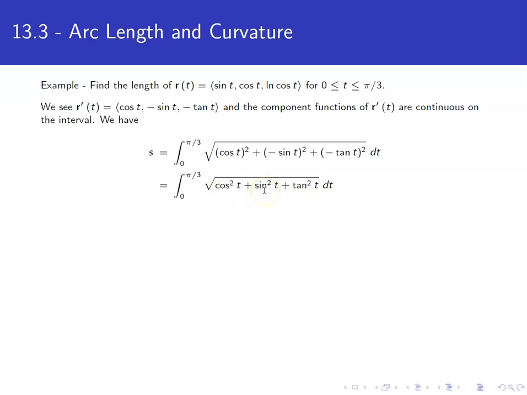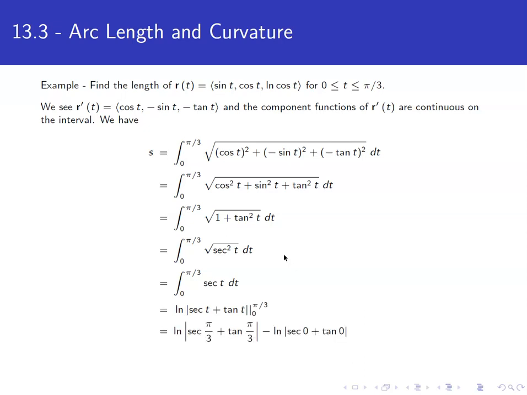Cosine squared plus sine squared is 1. 1 plus tangent squared is secant squared. The square root of secant squared will just be secant. So that integrand simplifies to just secant of t, which we're going to integrate from 0 to pi over 3. The antiderivative for secant is natural log of secant plus tangent. Plugging in our endpoints, we get natural log of 2 plus root 3.